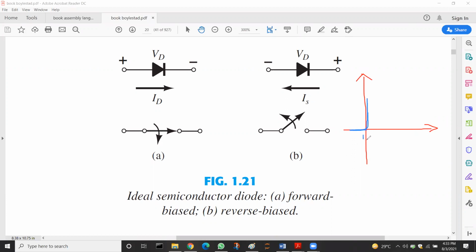Before 0 volts, at 0 minus, the diode acts as an open switch, and after 0, at 0 plus, the diode acts as a closed switch.